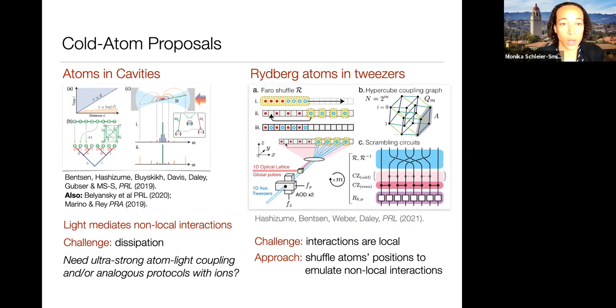You can engineer more complex structures of interactions in principle. And so that's been proposed as another way of realizing this kind of fast scrambling in a system that has also been demonstrated to have very coherent interactions and high entanglement fidelity for gates between pairs of atoms.